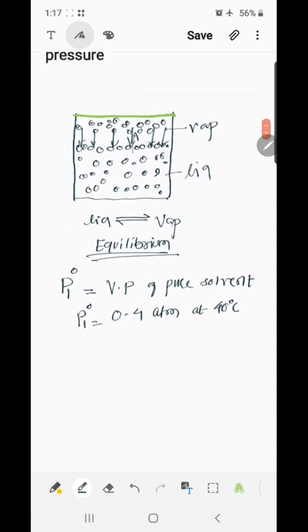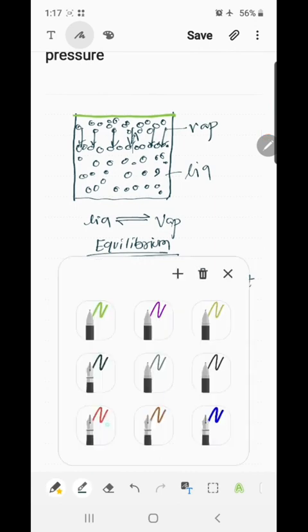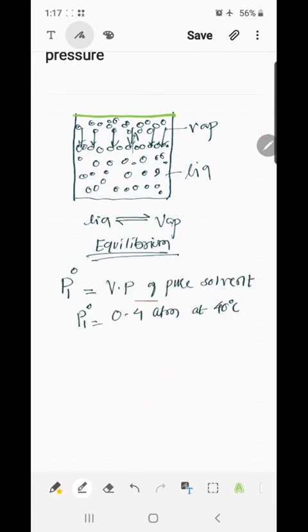Now class, suppose in this beaker in which we have taken pure solvent, we add some non-volatile solute. Suppose we add 0.1 mole of urea.